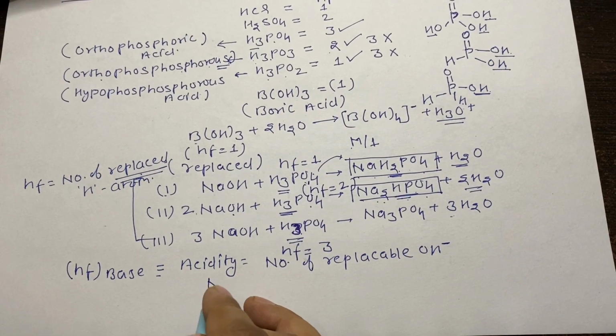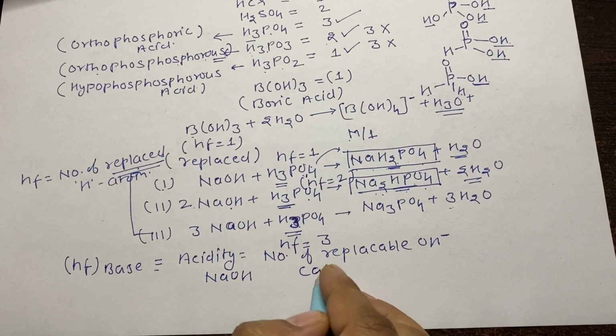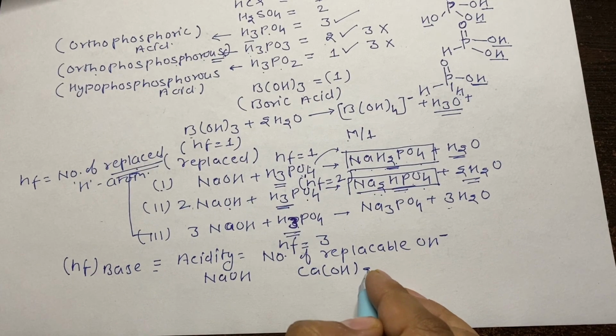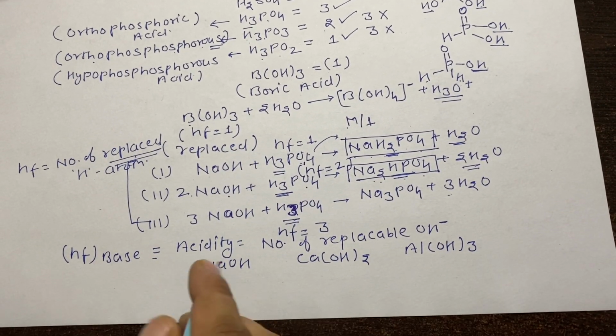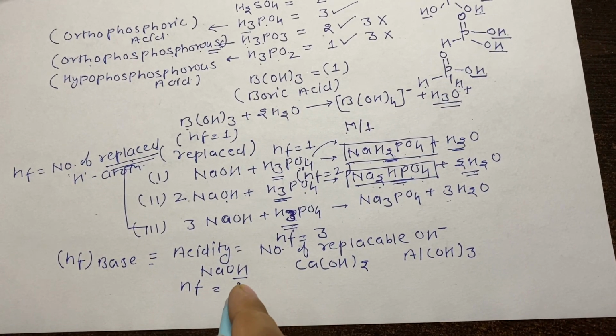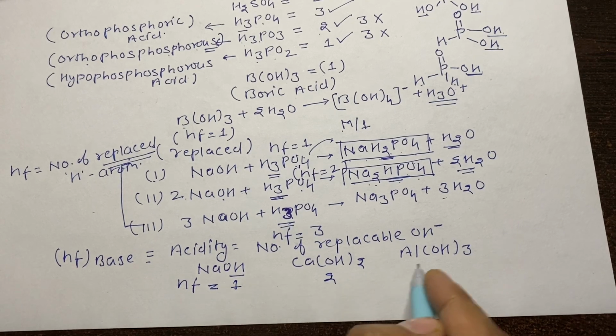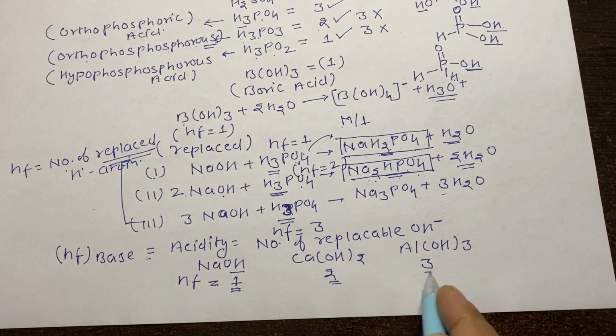For example, for NaOH, for Ca(OH)2, for Al(OH)3. If the reaction is not given, definitely we can say that the number of replaceable OH minus are 1, 2 and 3 respectively. So the n factor of these will be 1, 2 and 3.